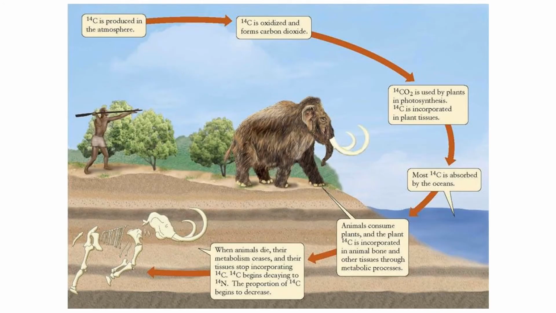Now, another really cool thing about the radioactive carbon is that anything that's living will take up carbon-14 because it's present in the environment, in the atmosphere. When it is present in the atmosphere, the carbon-14 will be oxidized and can form carbon dioxide, and that can be incorporated into plants, and then we can eat it.